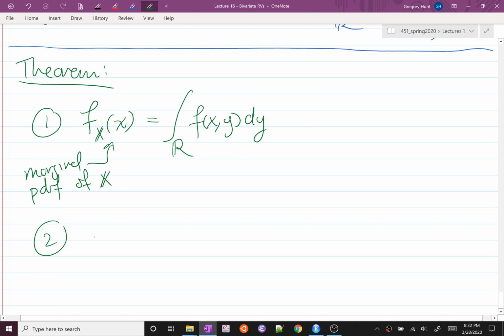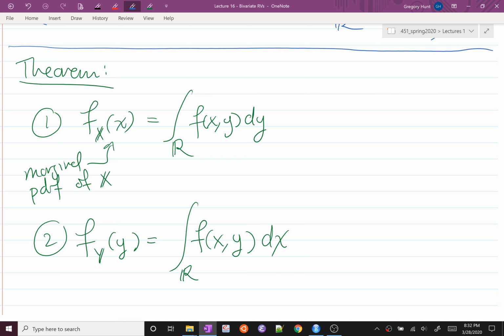Part 2 is similarly, if I want the marginal of y, I take my joint, fix it at y, and integrate out all values of x. In the discrete case, we would sum over the columns or rows of the table. Let's look at the first one.